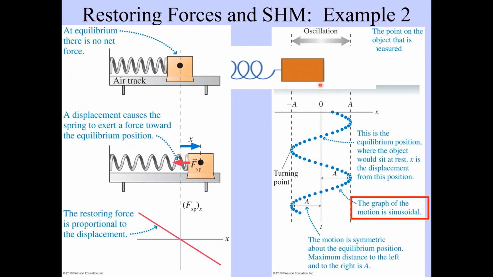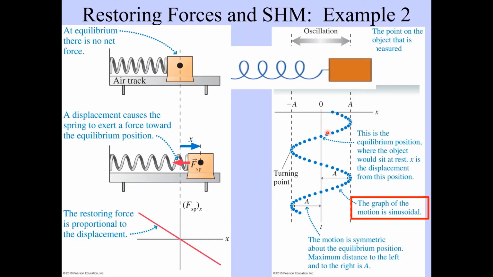Now, if we actually plot the exact position at every little instant of time, this is time going down in the graph, you can see the T down here. This is the time axis moving down, and this is distance going back and forth horizontally in this graph. Each one of these points represents where the object is on the x-axis at each interval of time.